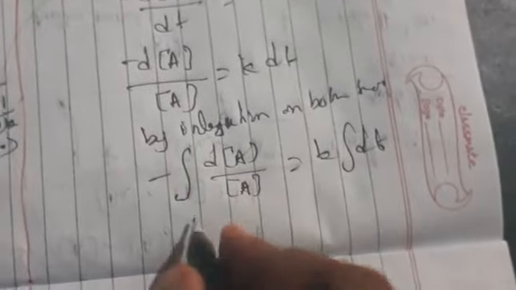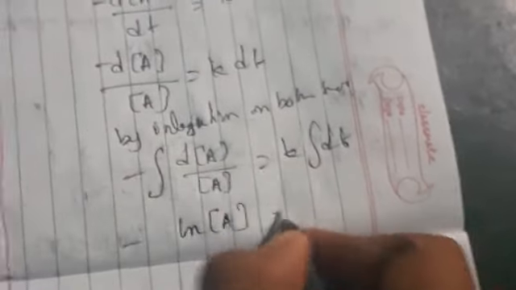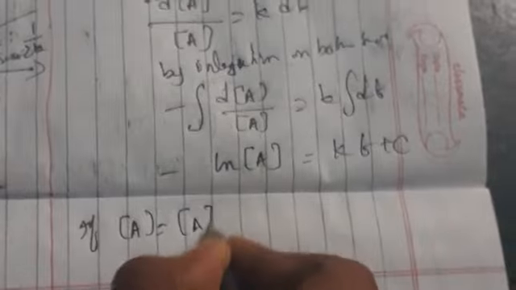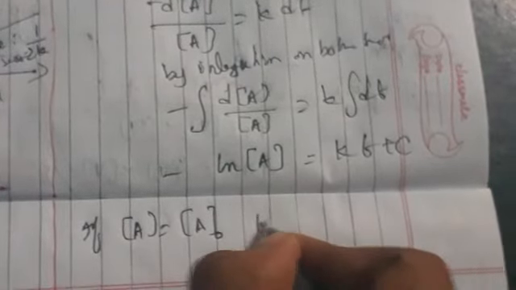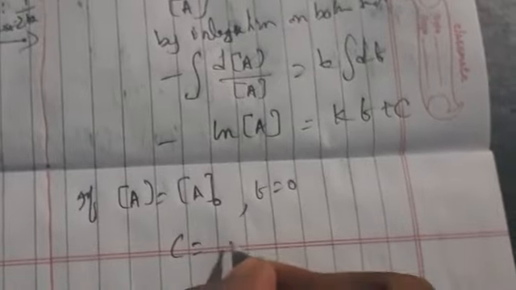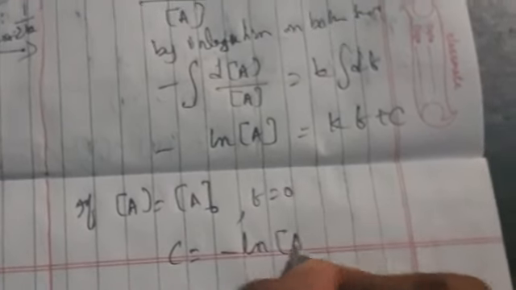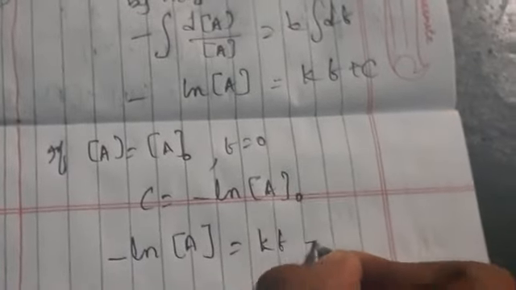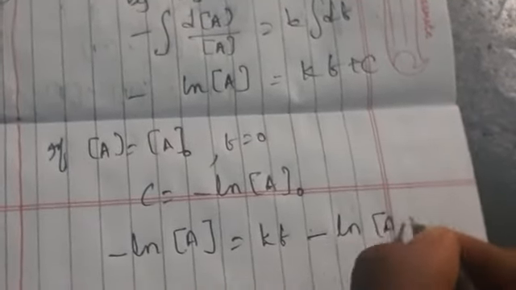So you will get minus ln[A] is equal to K into T plus C. When [A] is equal to [A] naught and T is equal to 0, then C is minus ln[A] naught. If you substitute this value, you will get minus ln[A] is equal to KT minus ln[A] naught.